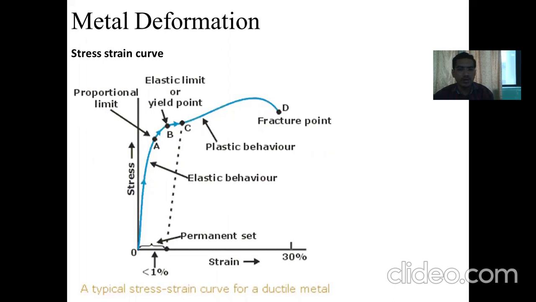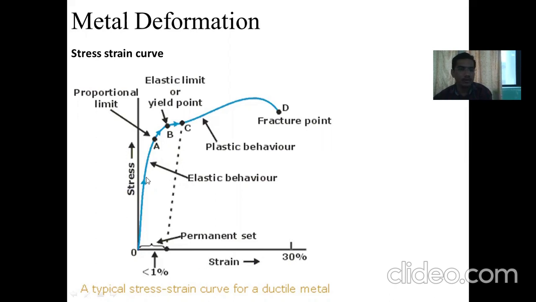On the x-axis there is strain, which is the percentage of elongation or deformation, represented by small e. Strain is the change in length per unit original length.